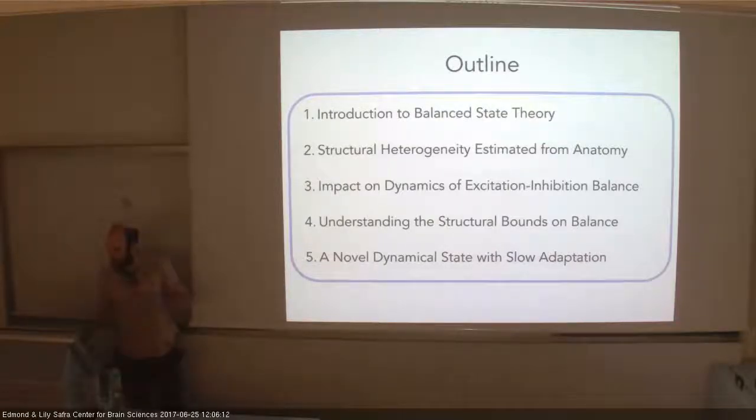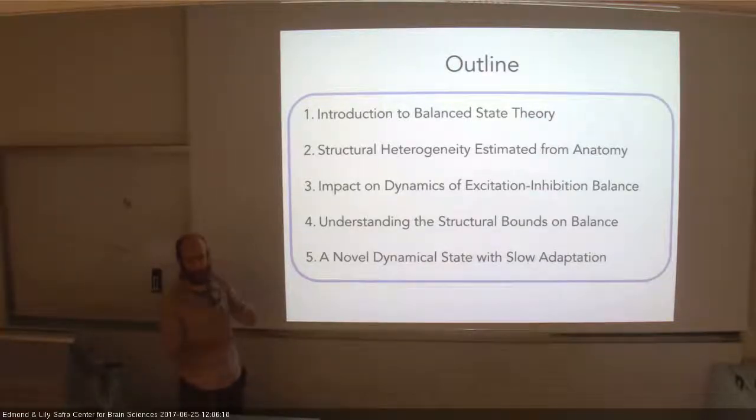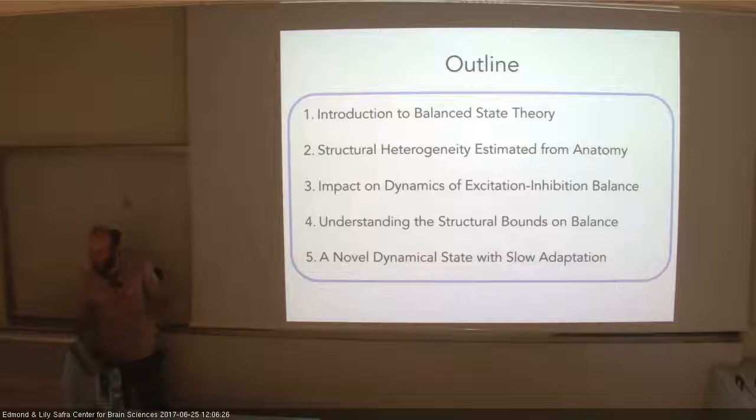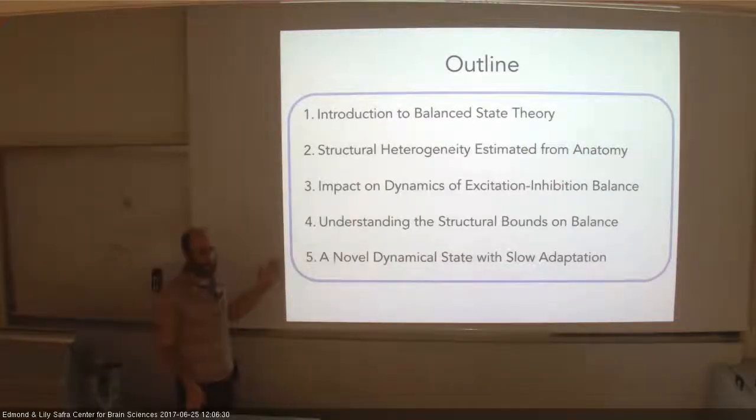So this is the outline of the talk. The introduction to balanced state theory hopefully should be a review with you guys, which is nice because a lot of times I have to give this talk and give like 2 minutes of here's what excitation-inhibition balance is. At least you guys have had at least an hour on it before. Then I'll talk about what I mean by structural heterogeneity. This work was a collaboration with a group of anatomists in Germany, so I'll talk about the data that we got from them.